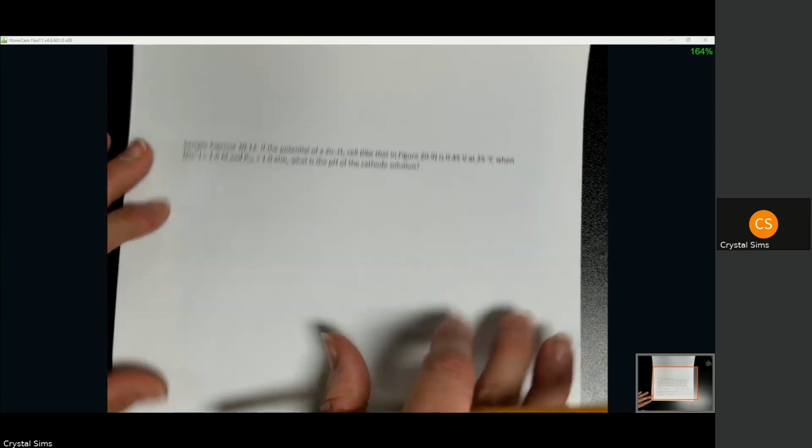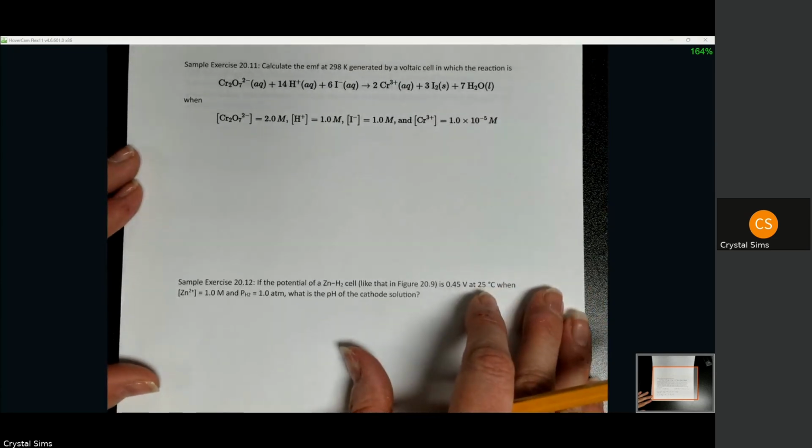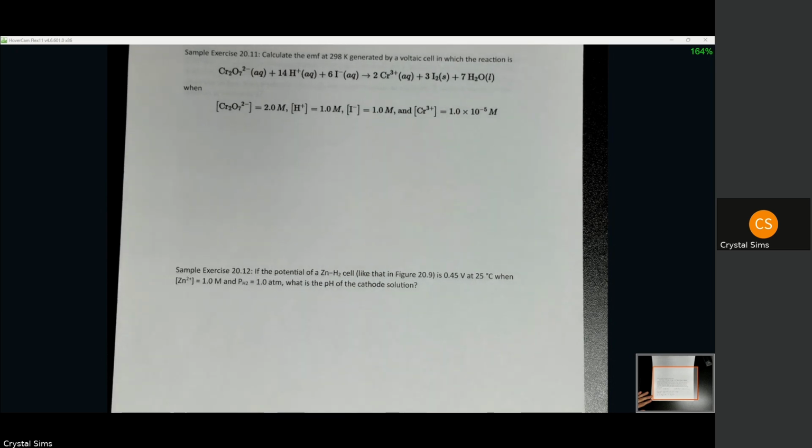Okay, so now we're going to move on to exercise 20.11. 20.11 wants us to calculate EMF. And we have a new equation that we use for EMF. Now, what we're looking at here is when we have cell potentials that are under non-standard conditions. And we use the Nernst equation for that.